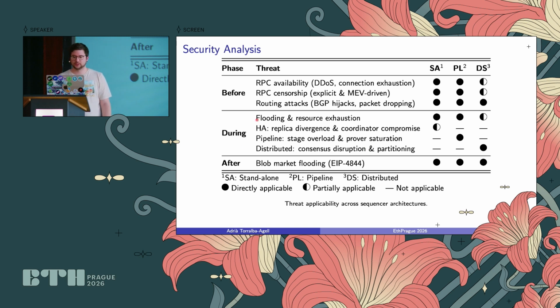Regarding the during phase, flooding and resource exhaustion. This is a particular kind of attack that consists of either spamming the network relentlessly and/or sending a particular kind of transaction, especially on ZK rollups, that is known to be able to hijack the rollup. In this case, if you're running a standalone sequencer or a pipeline sequencer, you most probably will be able to halt the network.